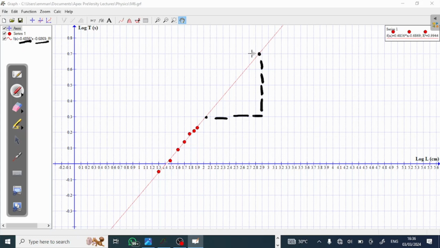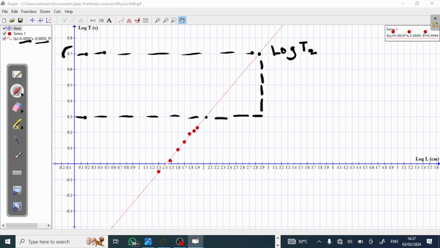From here, you trace this value to my left hand side here. This becomes log T2. From this point here, trace this value to the left.